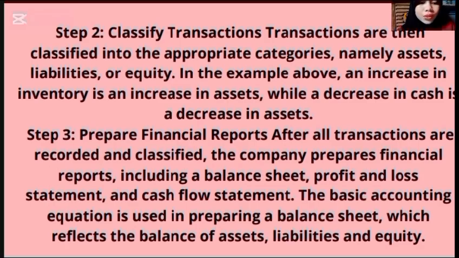Classify transactions. Transactions are then classified into the appropriate category, namely assets, liabilities, or equity. In the example above, the increase in inventory is an increase in assets, while the decrease in cash is a decrease in assets.